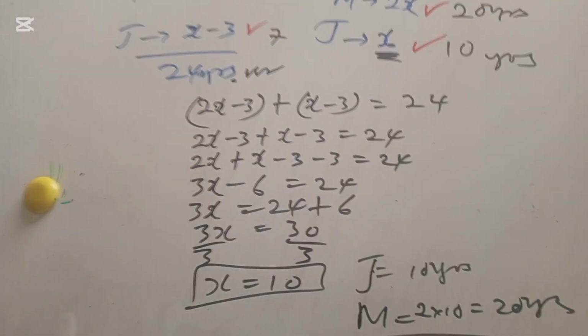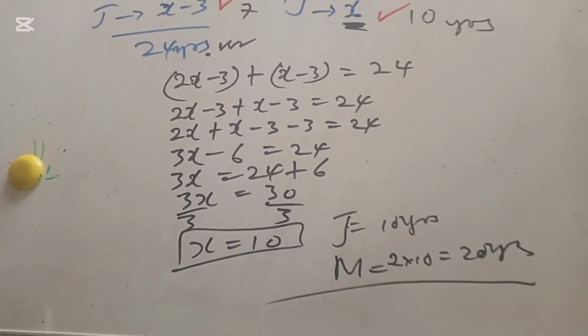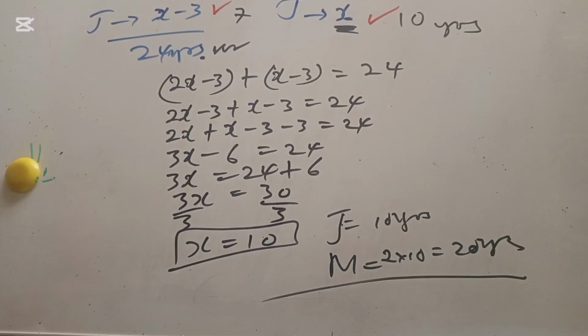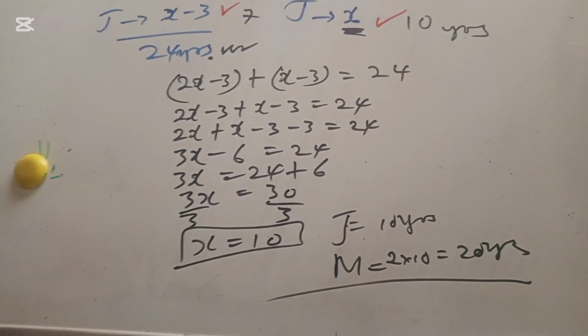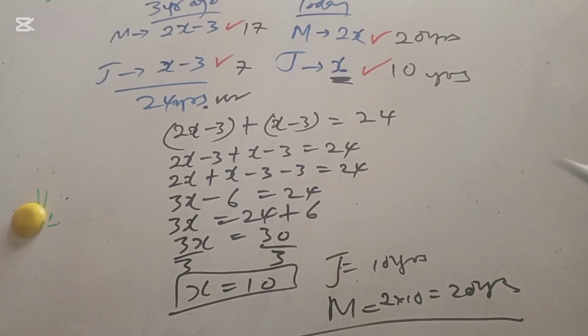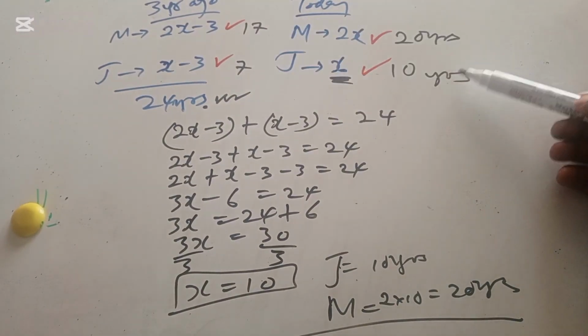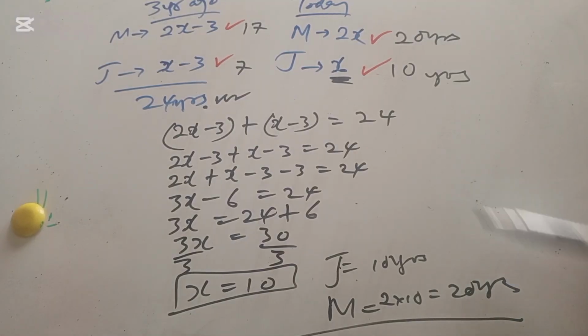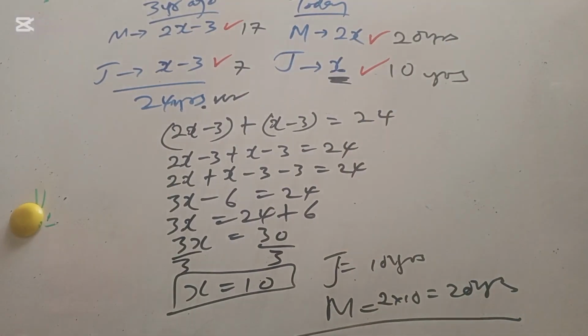So this is your answer, 10 and 20. So you don't come to test here. You can leave it at this, or you show here. You don't have to do this. Yes, thank you.